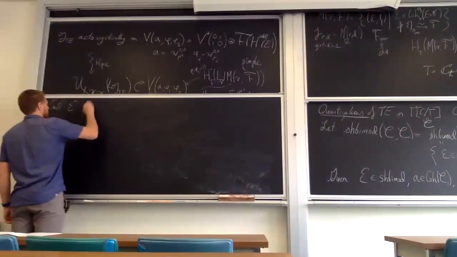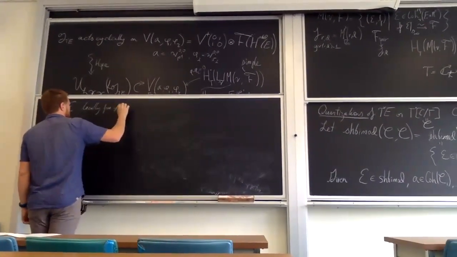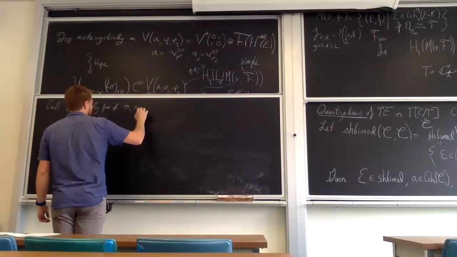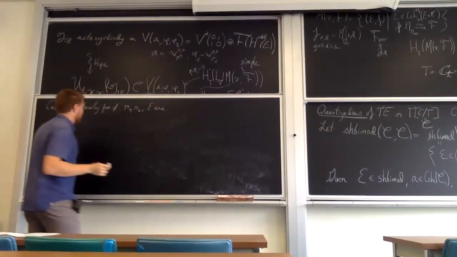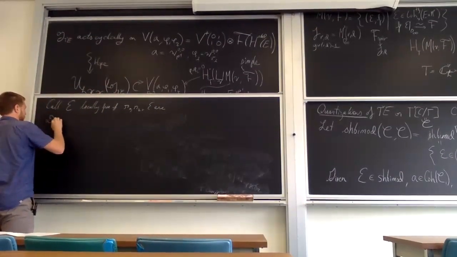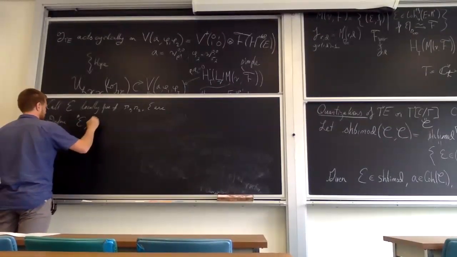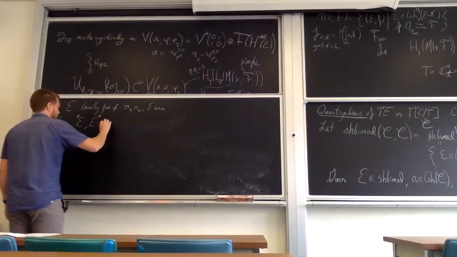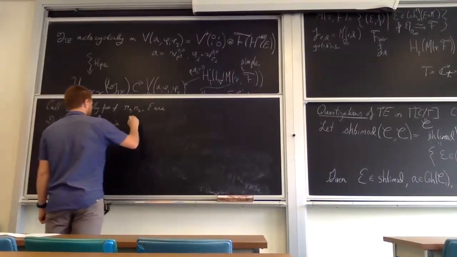So call E locally free if pi 1 and pi 2 push forward of E are locally free. And then define its usual left and right adjoints via the adjunction isomorphism.